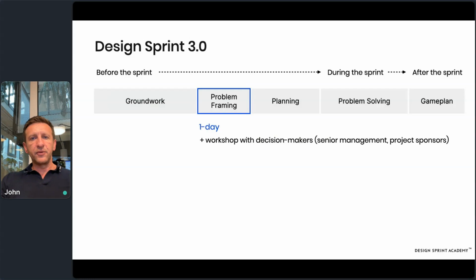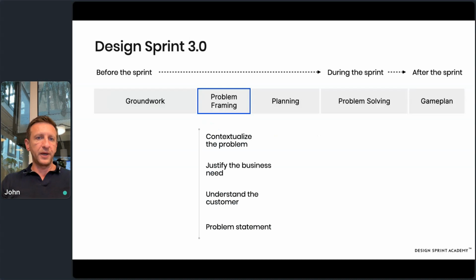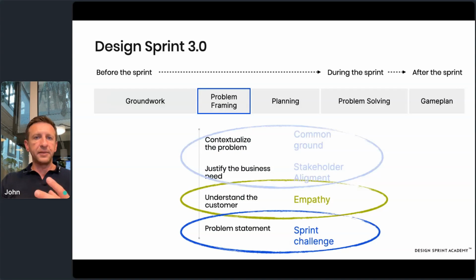And by the end of a problem framing workshop, they will end up with problem statements going through a few phases. They're going to contextualize the problem, so everyone fully understands the context of the challenge. Then they're going to bring in the business need and justify why they want to do it. Then go through the customer perspective, and at the very end, land on a problem statement. So if you look at this, we cover the business, right?